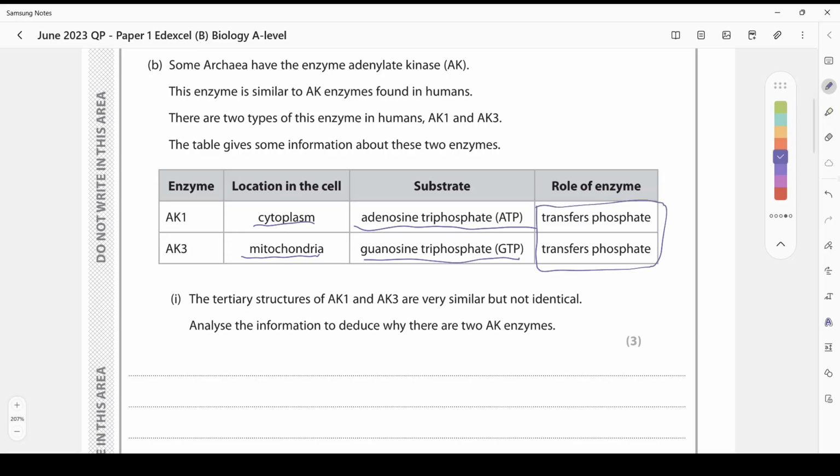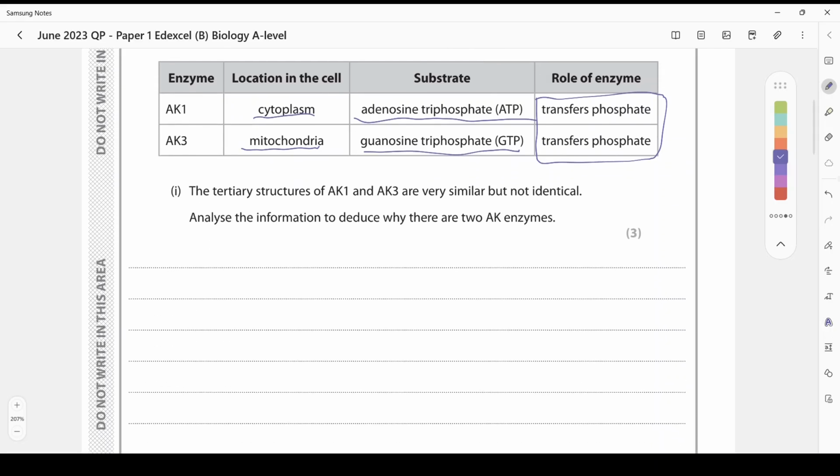So for part 1, it says the tertiary structures of AK1 and AK3 are very similar, but not identical. Analyze information to deduce why there are 2 AK enzymes. So the reason why they are very similar is because they have the same role, and that is to transfer phosphate. So let's write that down.